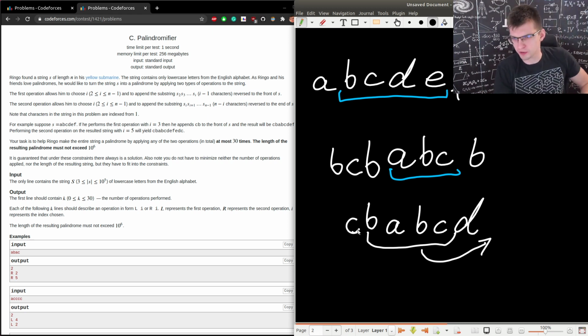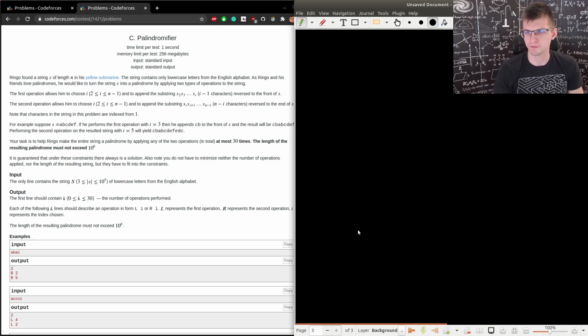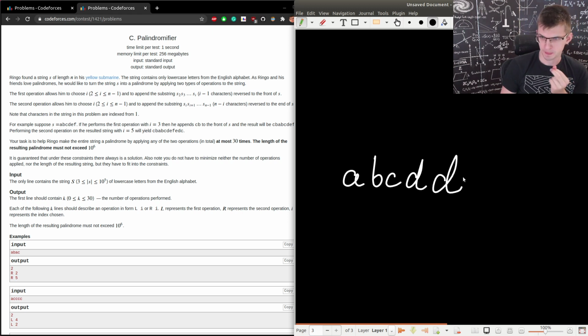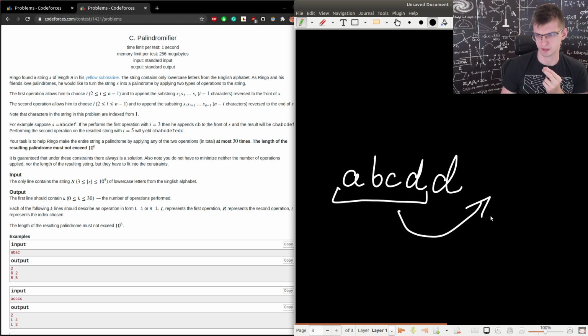Would it help to have two equal characters in a row? Maybe I should have like two steps. Just DD. If this is the case, then I can easily just copy this to the end, and I have a palindrome. No, I cannot.